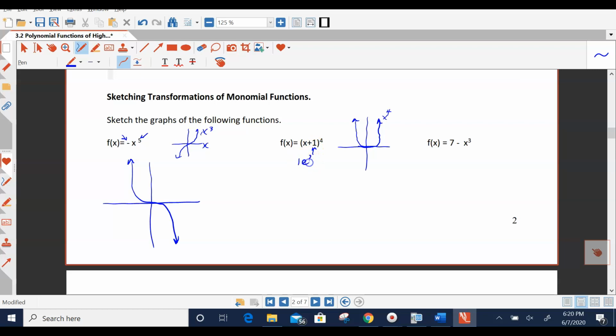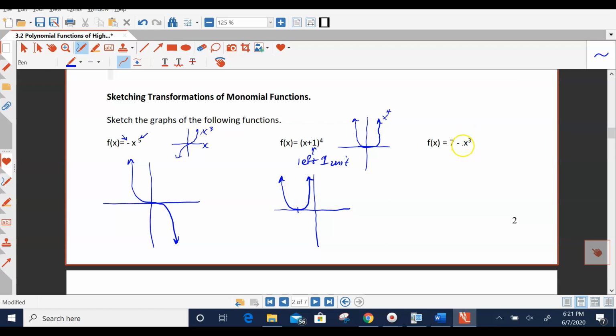It's going to move left 1 unit. So it's going to be this x to the fourth shape, but I'm just going to shift it left 1 unit. Now you certainly could do these on your calculator, but it takes more time to plug that in the calculator than it does just to recognize what's happening here.